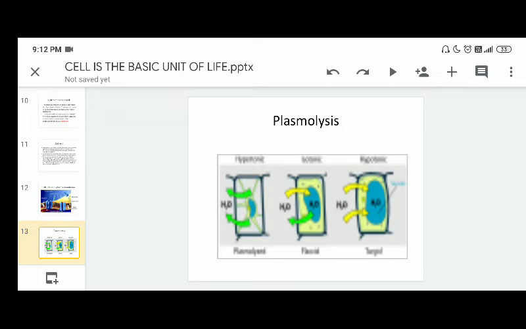And the next one is the turgid one. See, water enters inside the cell and it gets swelled up, and cytoplasm touches the cell wall. Actually, this water moves into a cell organelle known as vacuole and comes out from the vacuole.